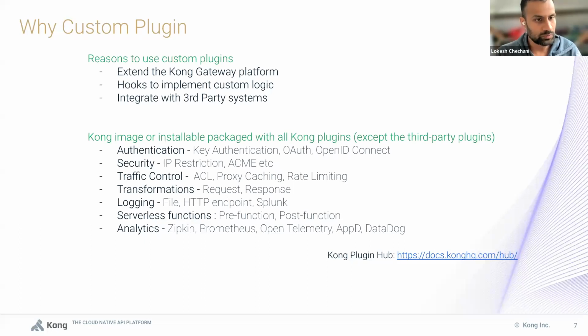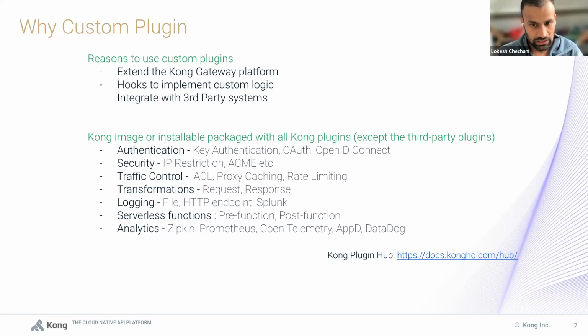The common use case we see is whenever you find a scenario which our out of the box plugins don't support, then you go and implement a custom plugin. There are areas where we ask the customer not to go wild: don't implement your integration pattern into the custom plugin, but rather keep it within the API gateway nomenclature. Sometimes customers also have in-house third-party systems where they want to implement a custom plugin. So that goes quite well.